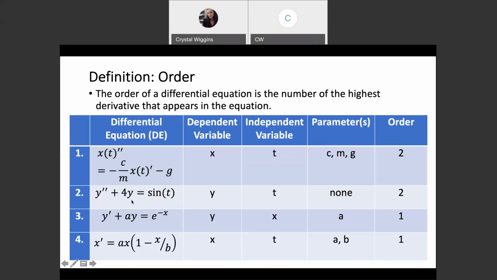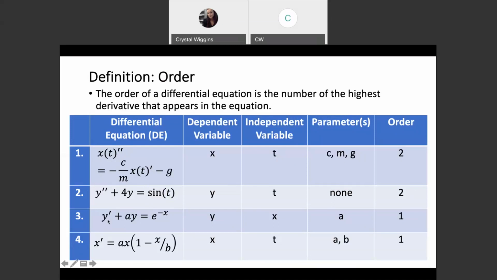Row 2, I have y double prime plus 4y equals sine of t. Because y has the derivative, or in this case a second derivative, taken, I know that y is my dependent, t is my independent. There are no other parameters in the equation, and because it's a second derivative, it's order 2.